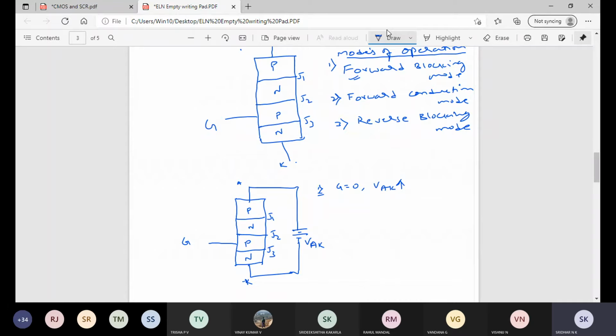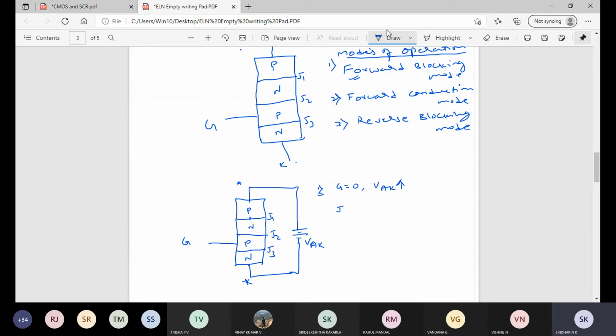What will junction J2 be? Just connect this to here, and this to here. So what will junction J2 be? Junction J2 will be reverse biased, correct?